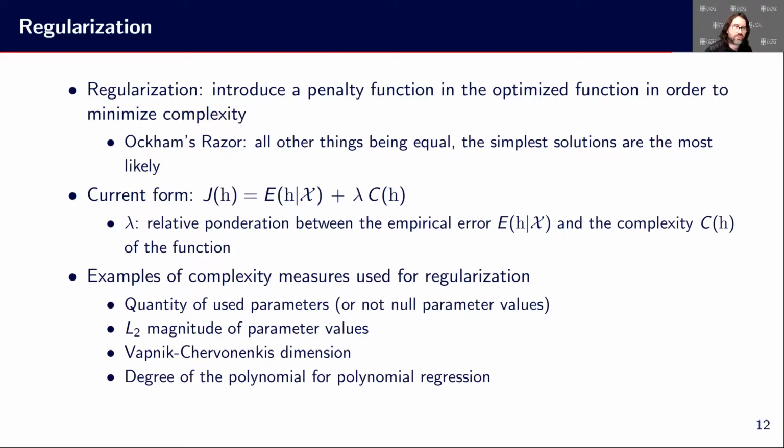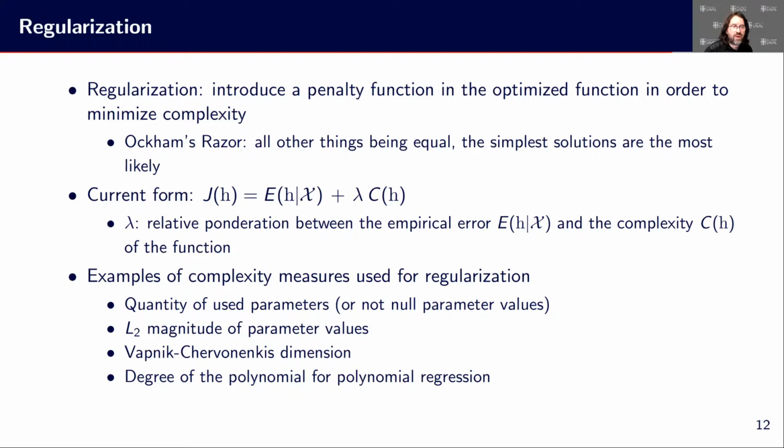Compared to the first one, it says let's use the value squared. That means something, because if a value A is two times bigger than a value B, in terms of being squared, it will have 4 times more impact. So we not only want to get values at 0, but we want to get values relatively low. In several models, that means that the model will be less complex.